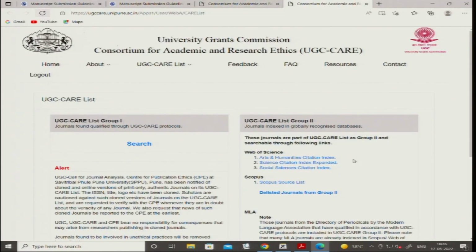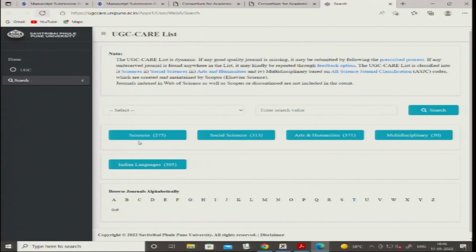First, when we use the UGC CARE group 1 list, you can see that if you are a scholar of science, there are 275 journals available. If you are working in social science, there are 313 journals available.